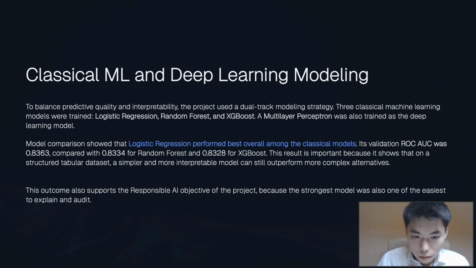This result is meaningful because it shows that for this structured dataset, a simpler model can still perform very well. From the responsible AI perspective, this is helpful because logistic regression is easier to explain and audit than a more complex black box model.